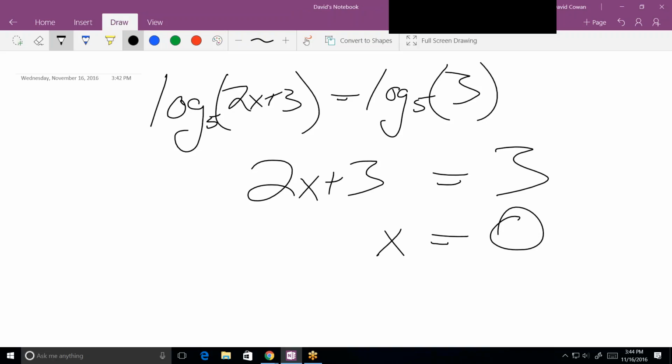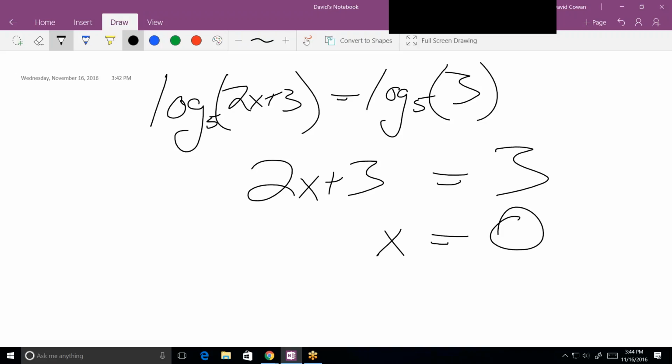Now, the question is, you always have to check your domain. It's very, very easy to come up with a solution to a log equation that violates the domain. In this case, x equals 0 is just fine, because that means I'm taking the log of 3. But there are lots of cases where you end up with a quadratic that you have to solve, and you have a positive and a negative solution, and one of them usually violates your domain.